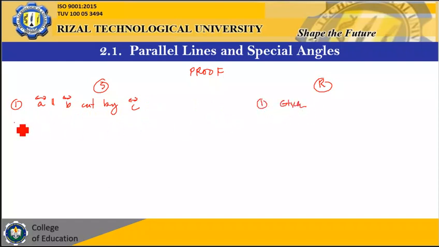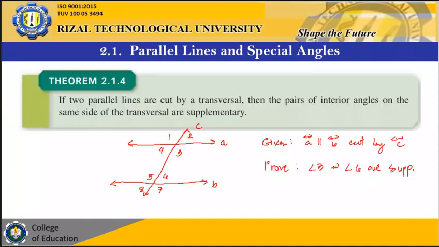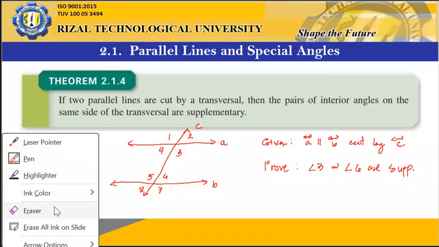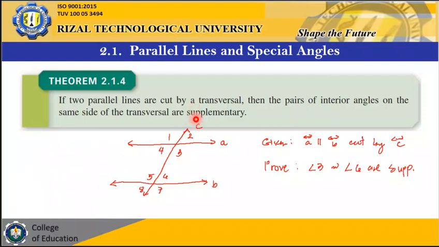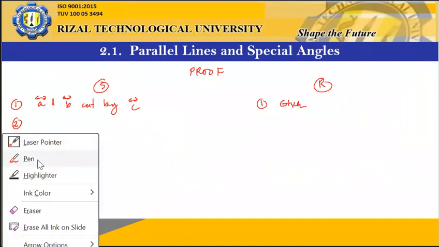Okay, so number 2, what can we infer from knowing that line A is parallel to line B cut by transversal C? We can see here that angle 2 and angle 6 are corresponding angles. Okay, so if they are corresponding angles, then we know that they are congruent.